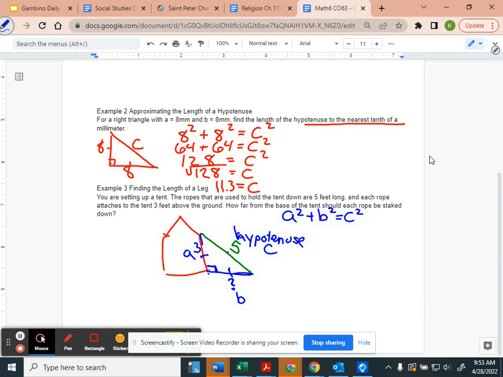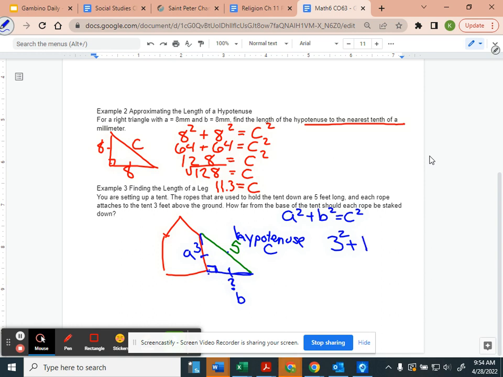So now we can go to our formula and fill in the numbers that we know. So what is it going to look like? Mia? 3 squared plus... Do we know B?